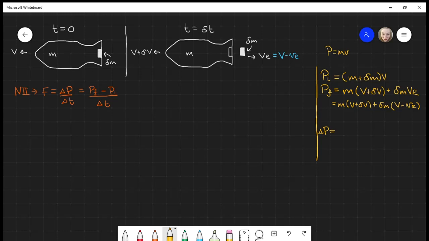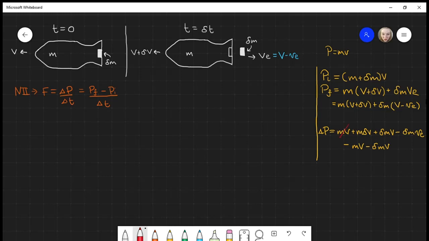So it's the final mv plus m delta v plus delta m v minus delta m exhaust velocity minus mv minus delta m v.